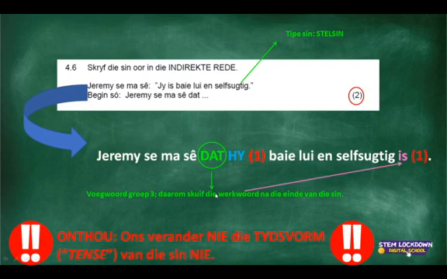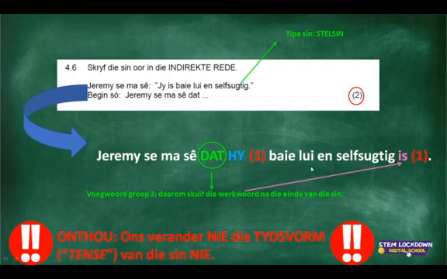Direct and indirect speech, writing from direct speech to indirect speech, is actually also checking your ability to join sentences with group 3 conjunctions. Please keep that in mind. Okay, so now we have identified jy has to change. It's changing to hy because Jeremy se ma is addressing Jeremy.